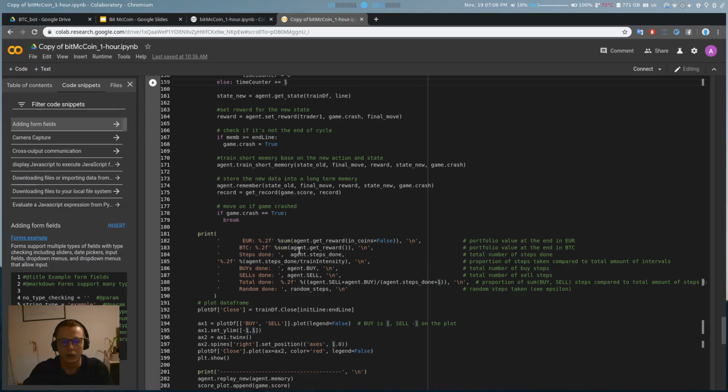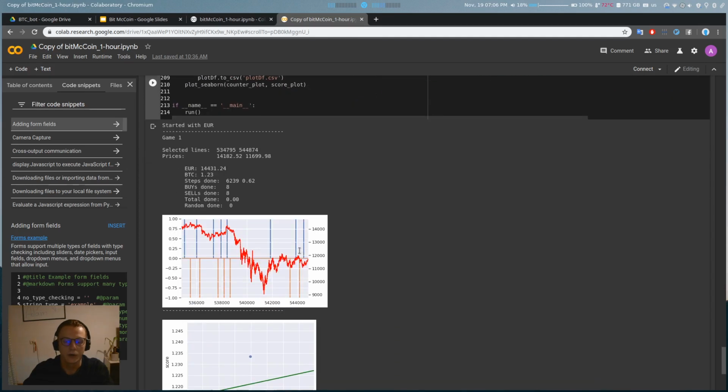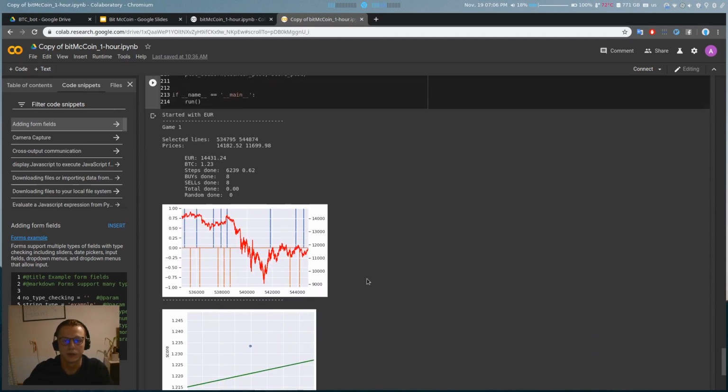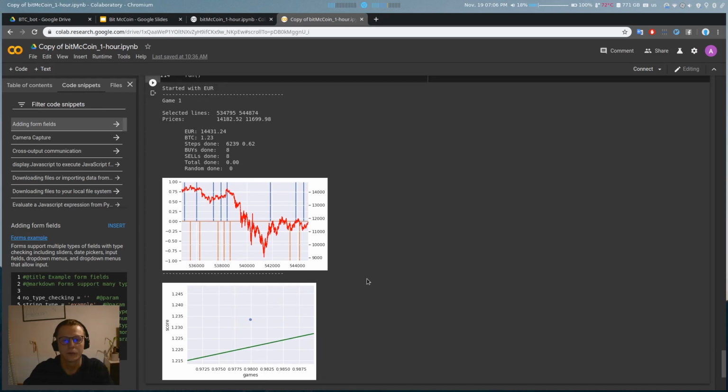And yeah, I tested it for a couple of weeks. This is one of the better results I got, I'm not gonna lie. There's one week when I traded and got the result of 0.86 Bitcoin at the end of the week, and not really much gain in money. Well, because it's a different valuation, I guess we should track the euros a bit more here.